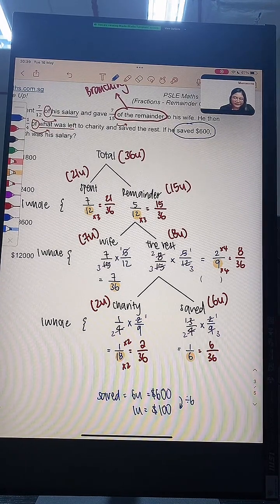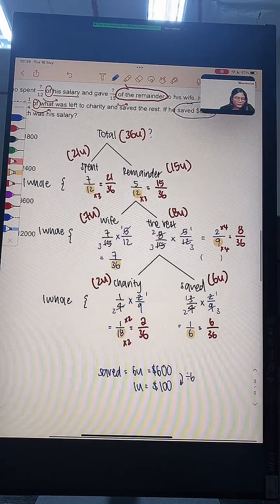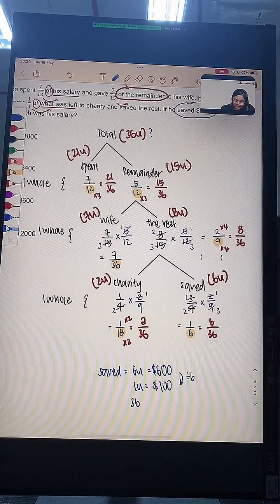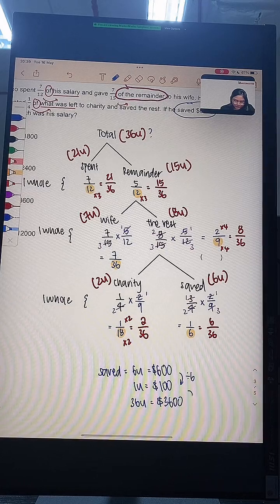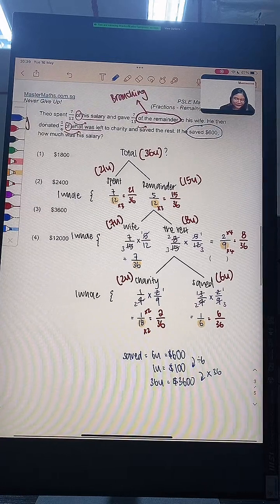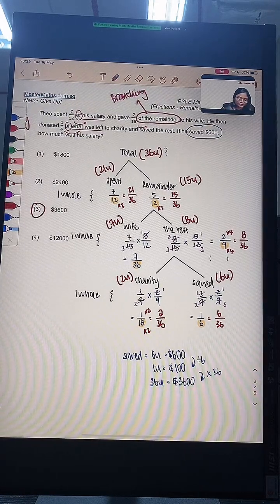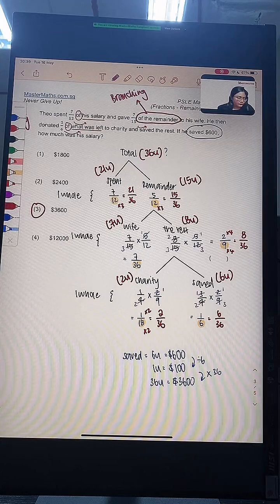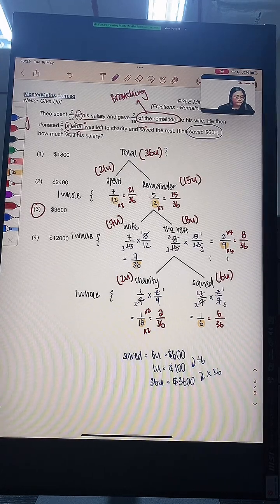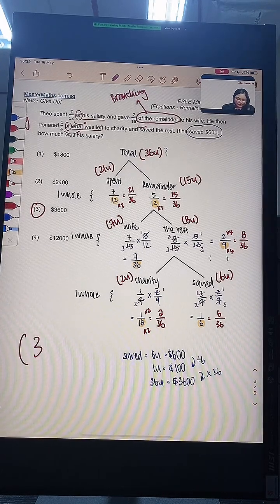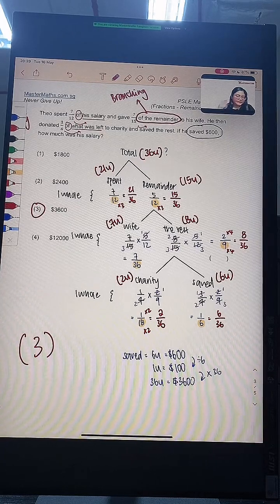And finally, his salary, the total, which is 36 units, would be $3,600. So my correct answer is option 3. Option number 3 is the correct answer.